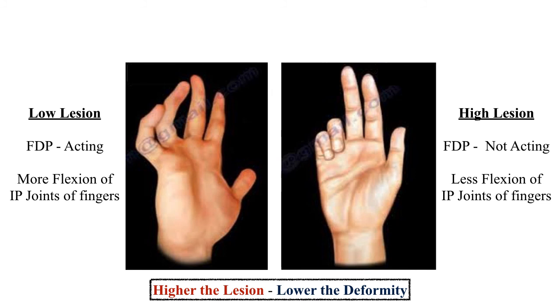So higher the lesion, lower the deformity, and this is called ulnar paradox.